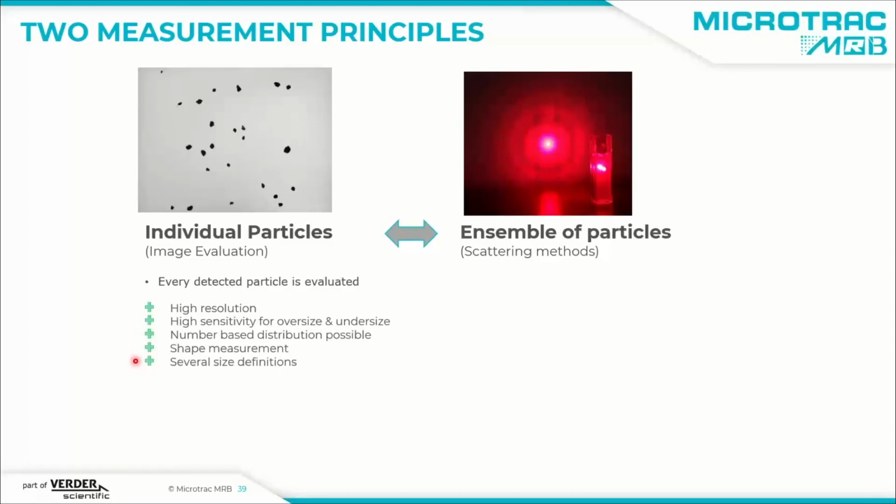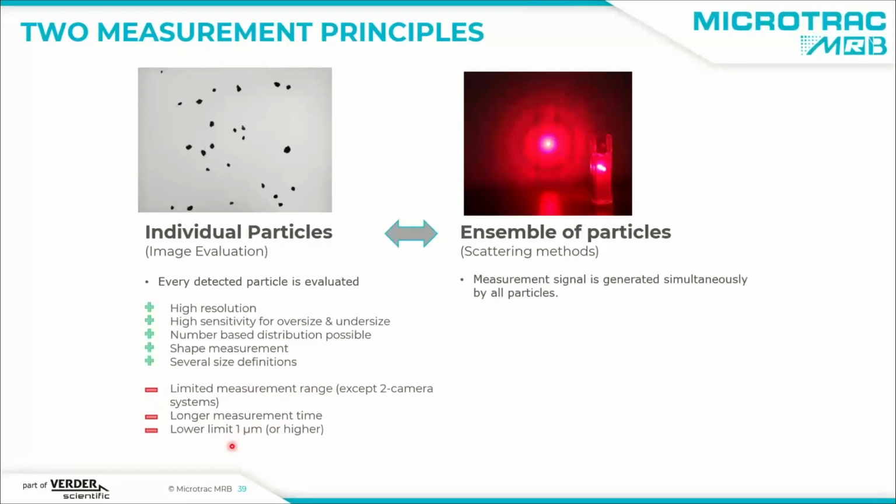We can use different size definitions like width or length. The disadvantage is that the measurement range is a little bit limited, so we cannot measure sub-micrometer particles. The measurement time is slightly longer than for laser diffraction alone. And as I've mentioned before, no particles smaller than 1 micrometer.